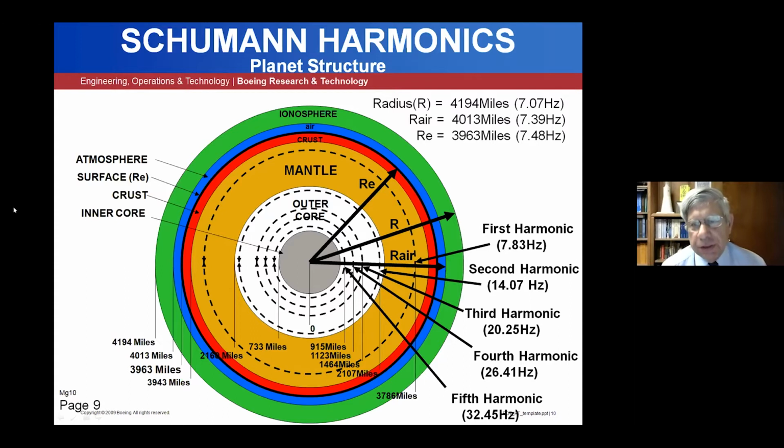And like I said, these are all standing waves. And that's what determines the magnetic parts of the Earth and provides friction, heat, movement as far as the core materials down there, which is what keeps this planet going.